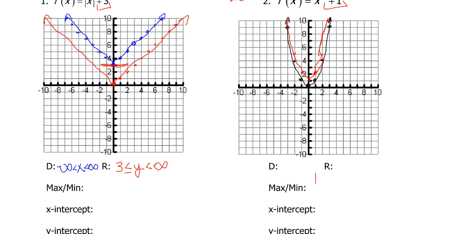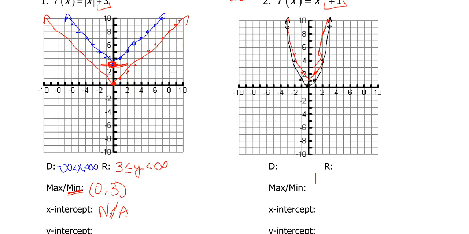The maximum of this function, well, there is no max, but there is a minimum. That's the lowest value that's achievable on that function. Now, the minimum, lowest y value that can be achieved happens at 0, 3. And then the x-intercept, well, that just doesn't happen on this one. Non-applicable. And there we have it.